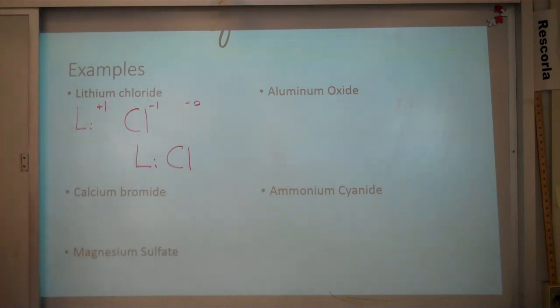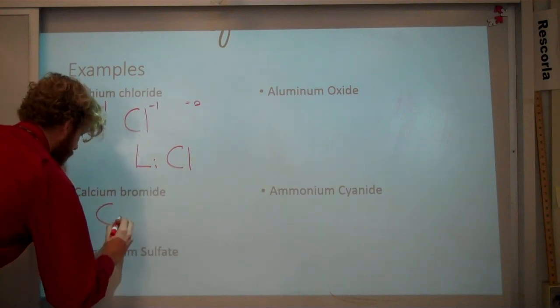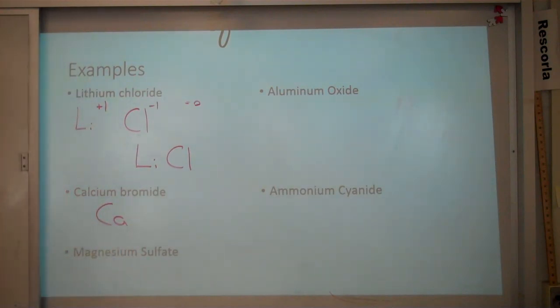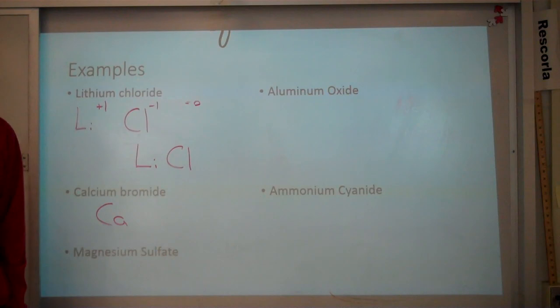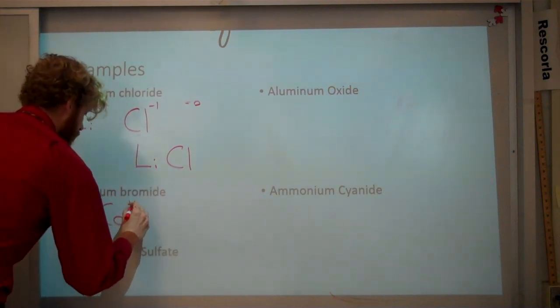So it's as simple as that when the charges are equal to one another. But the world is not perfect, so we sometimes have to do what's called the cross and drop method. So calcium, symbol is Ca. We find the oxidation number to be +2.